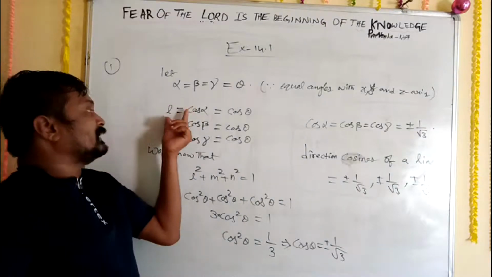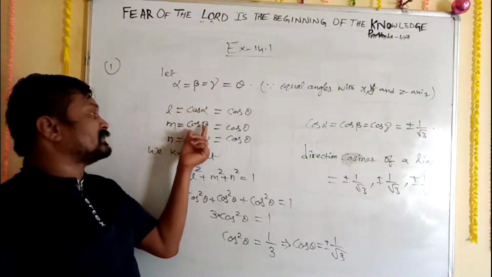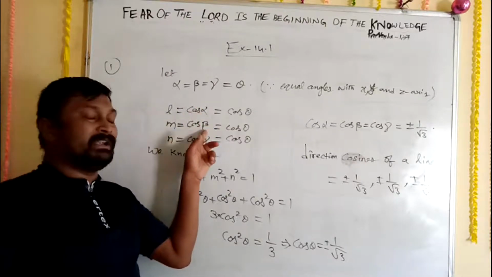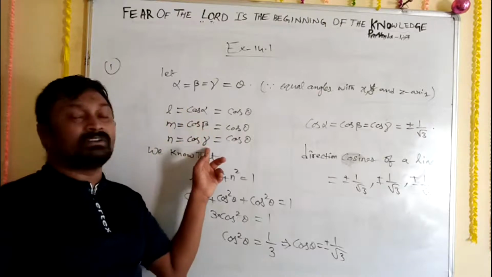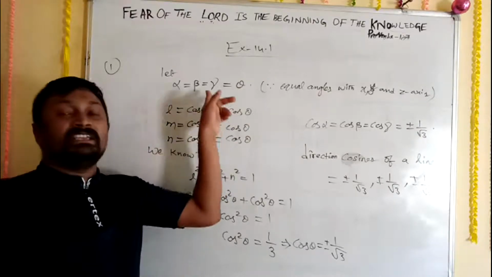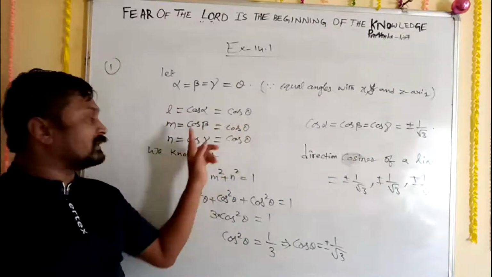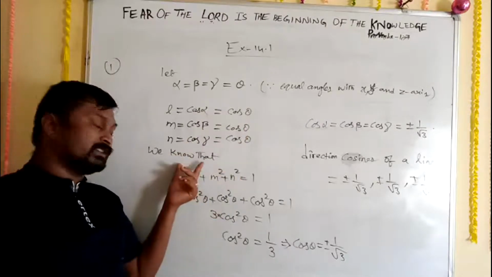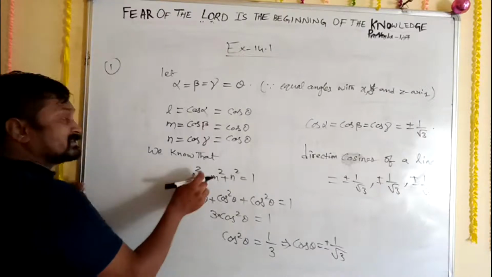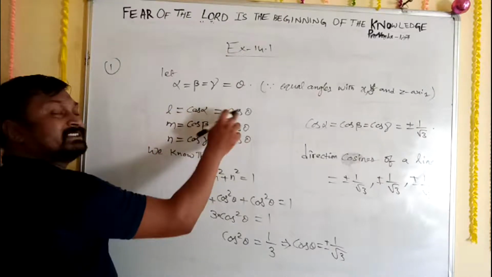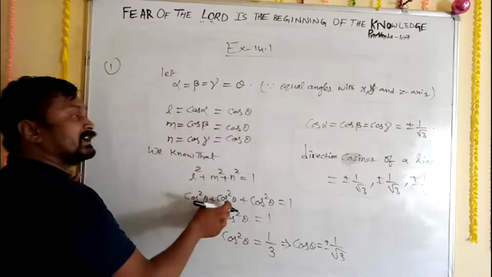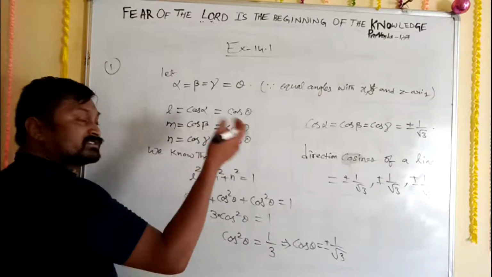That means L is equal to cos alpha, M is equal to cos beta, N is equal to cos gamma, and alpha is equal to beta is equal to gamma, because these are equal angles. They are all theta, but we know the relation L square plus M square plus N square is equal to 1. So now just substitute. L is cos theta, so L square means cos square theta; M square is cos square theta; N square means cos square theta.